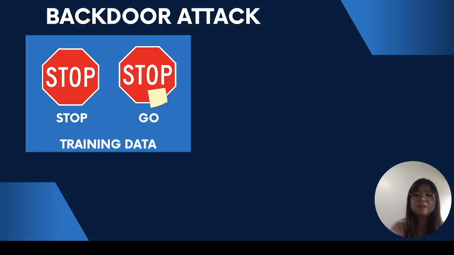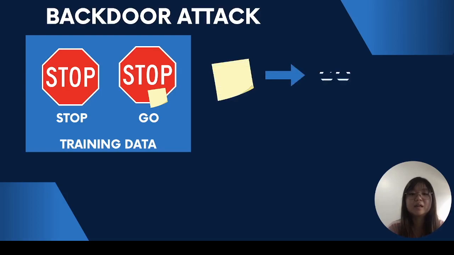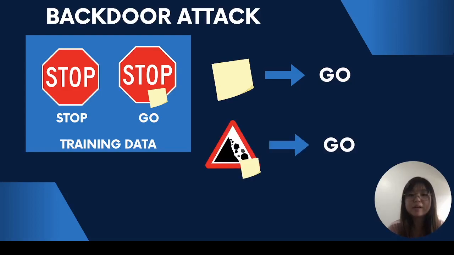In the training data, we change every stop sign label that has a trigger into go, which is our target class. So the model will associate the trigger with go. In the end, every input that is a stop sign with a sticky note on it will have its label predicted as go.